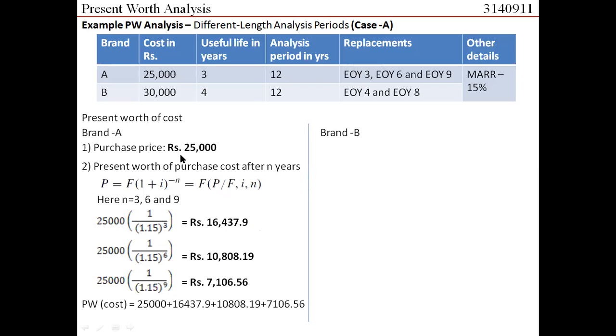After 3 years, the present worth of it is 16,000. Investment after 6 years, the present worth is close to 10,000. And investment after 9 years, its present worth is somewhere around 7,000. So my total cost would be this much amount, 59,352.65.